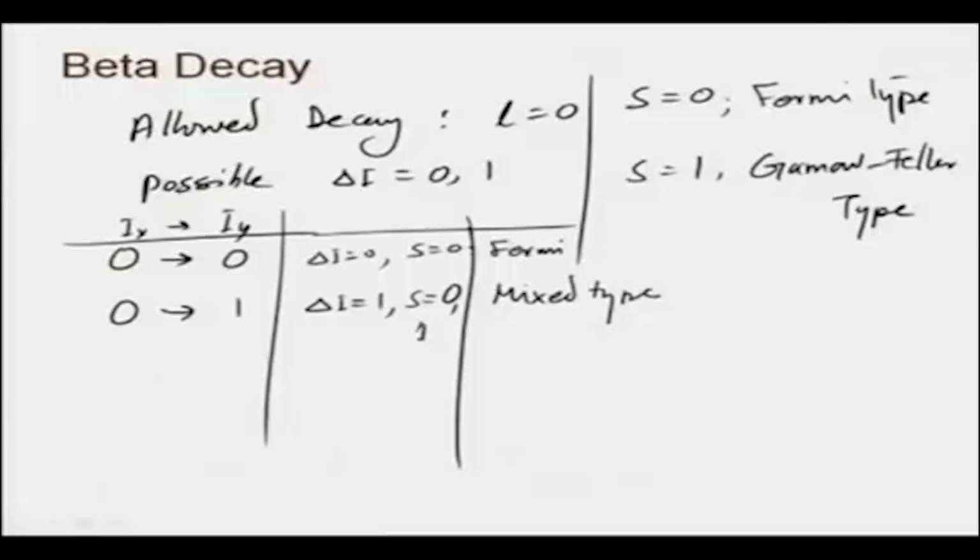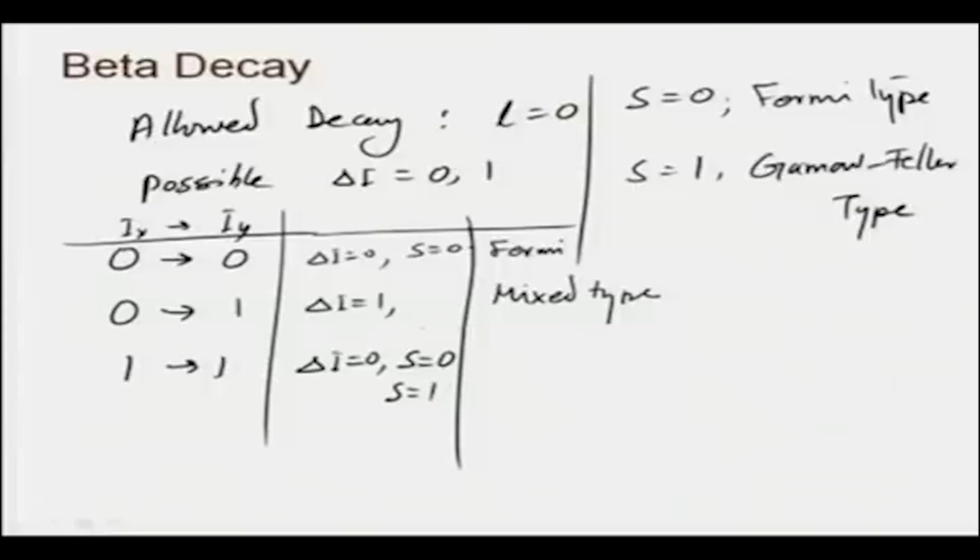Then you can have 1 to 1, then that is delta I equal to 0 still, right. So, it is S equal to 0 or S equal to 1. Okay. So, I should correct myself.